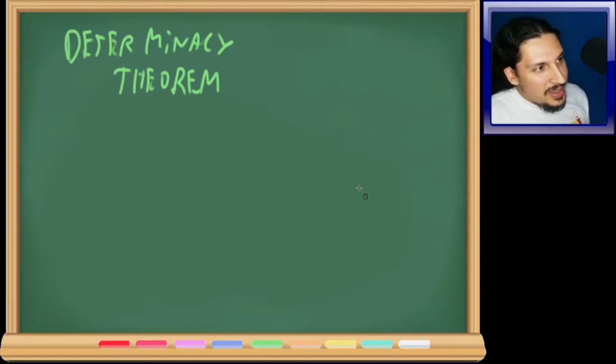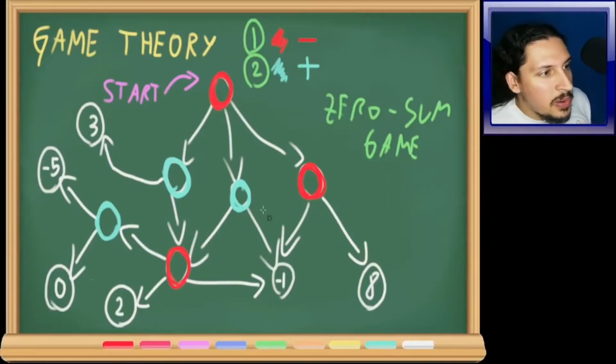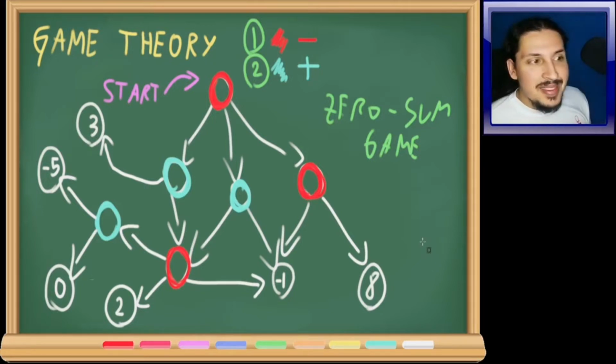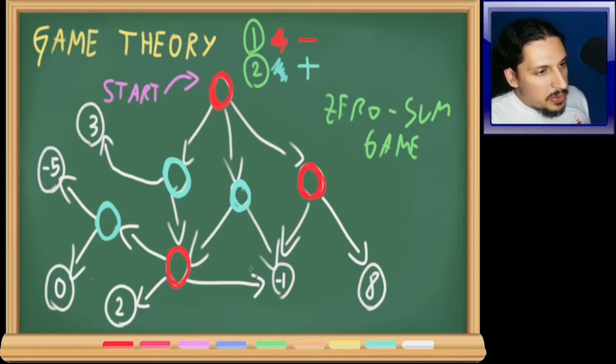The interesting cases of this kind of theorem are for infinite graphs, actually, but we're not going to study any of those. And basically, the Determinacy Theorem states that in any game of this kind, there is a perfect result. So these games have a meaningful result. And in fact, we will soon see that for this game, the result is -1.